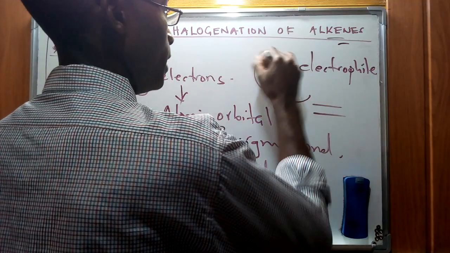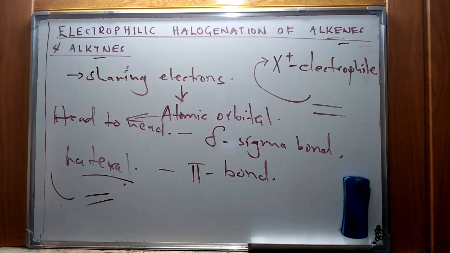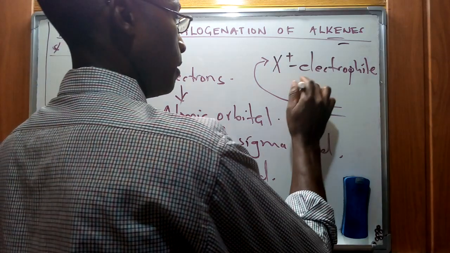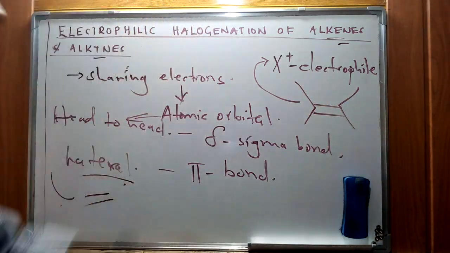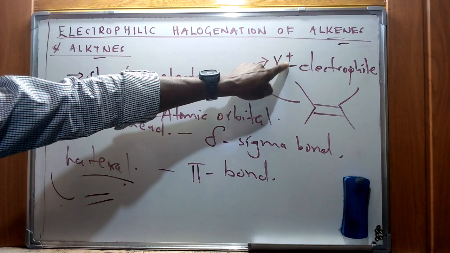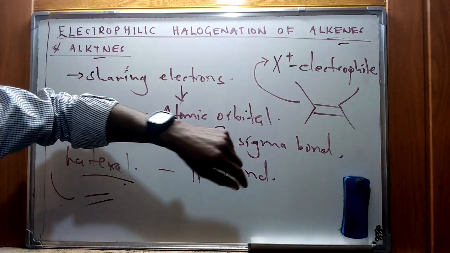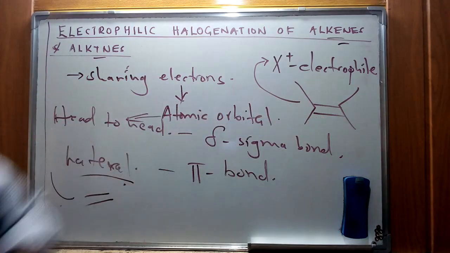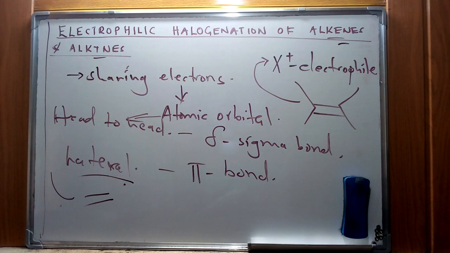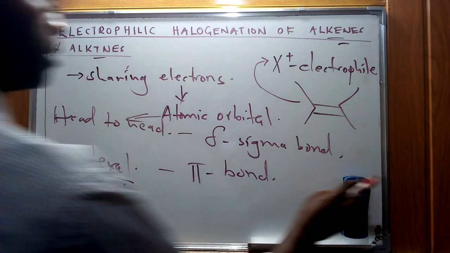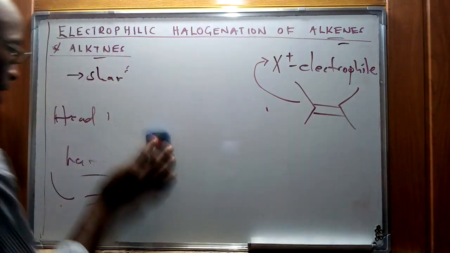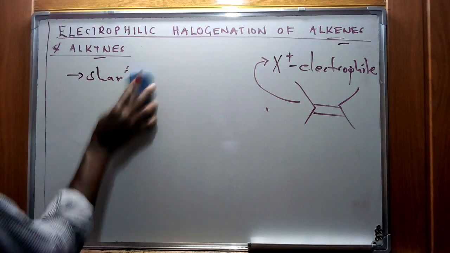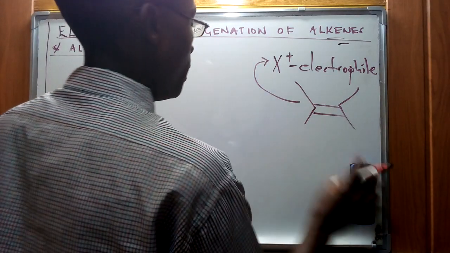If we had this symbol for this particular compound, we expect the influence of an electrophile, which is a positive charge, being transferred into this particular double bond. This leads to the formation of what we refer to as a carbocation, and this carbocation forms an intermediate state that leads to the final product.